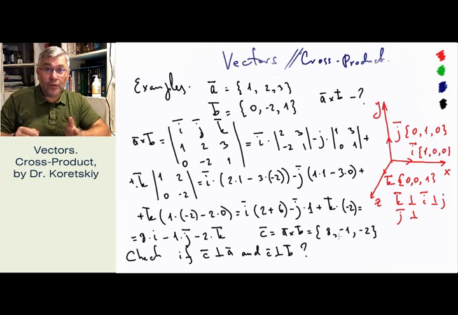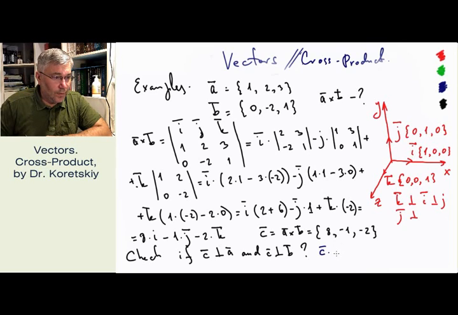I have to calculate a dot product, C dot product, no, A for example, and I have 8 times 1 plus minus 1 times 2 plus minus 2 times 3, and we have 8 minus 2 minus 6, it is 0.